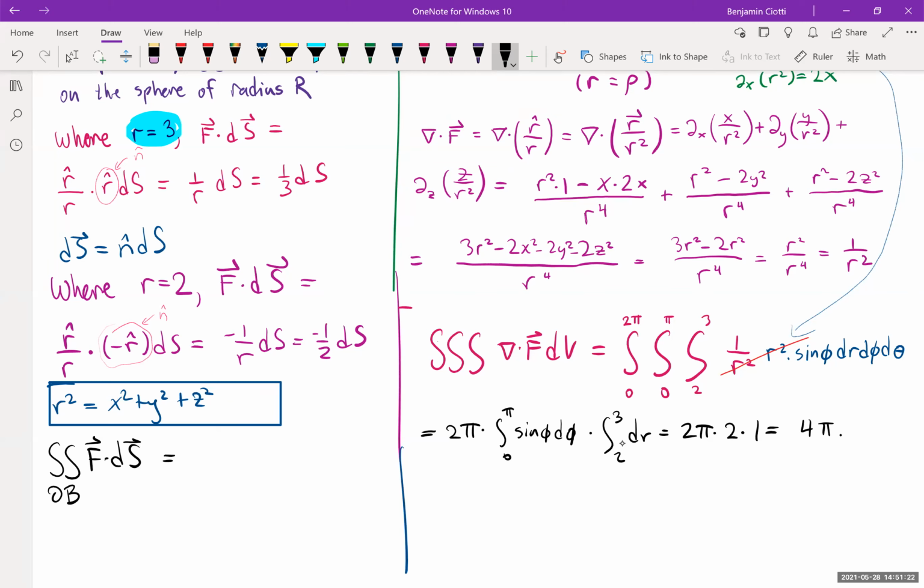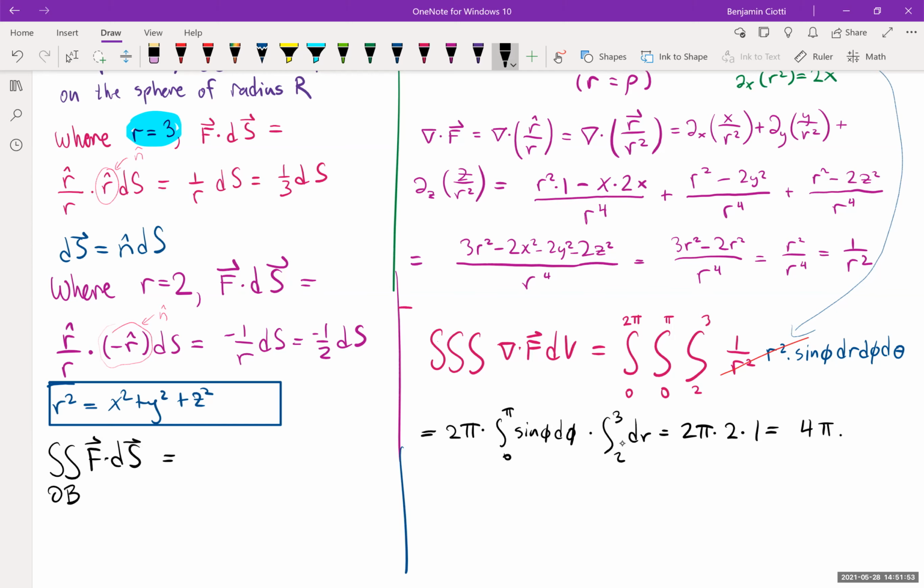Okay, no, not tricky, but the newest conceptual part to this problem right here. The newest concept is what I'm about to show you right now. The flux of F through the boundary of this coconut consists of the integral of the vector field through the surface.